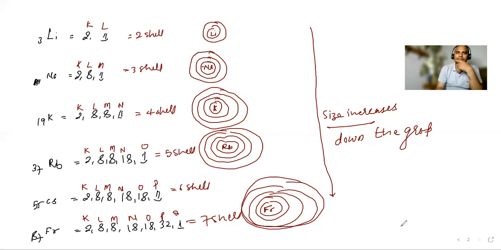So we are going to study the next property, ionization energy.